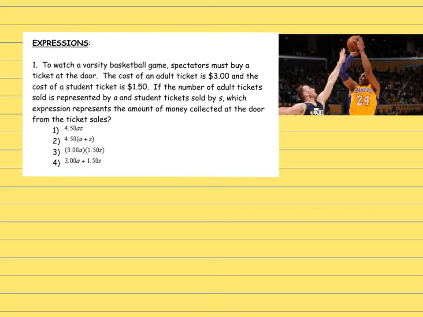So whenever you have the cost of an unknown variable, which is an adult ticket, and that's represented by A, and we have student ticket at a cost of $1.50 represented by S, we're going to write them as a product. And to express the amount of money collected, which is a total, we know total represents sum.